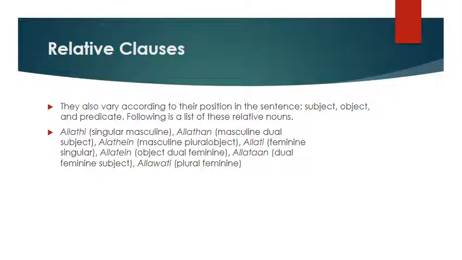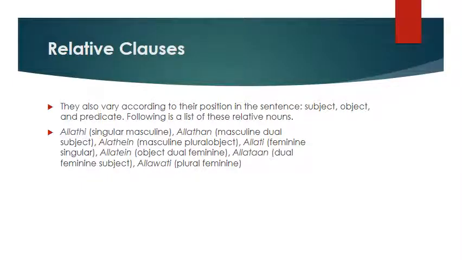So subject, object, we can say اللذان or اللذين, which both express the dual number and the male gender. But this selection of either of them will depend on the case, الحالة الإعرابية.